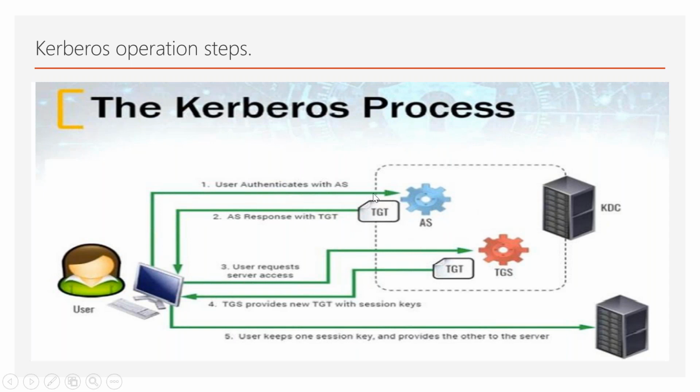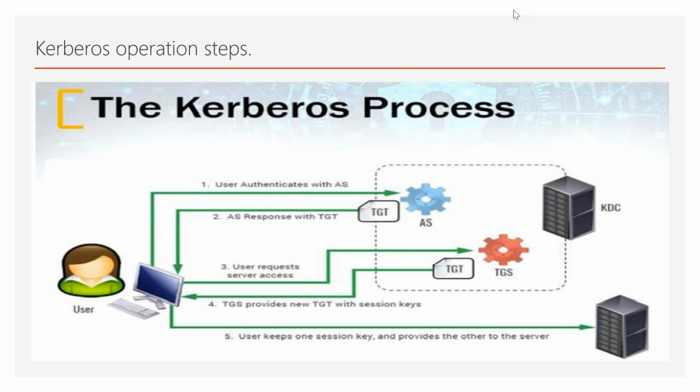Once the user says they want to obtain a TGT, the KDC will send a TGT, and the user will use their username and password to decrypt it. This TGT will be encrypted and can only be decrypted by the password.